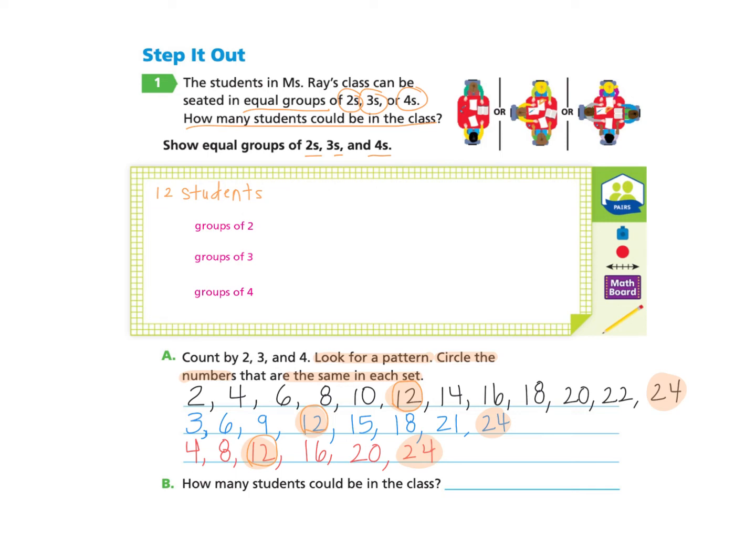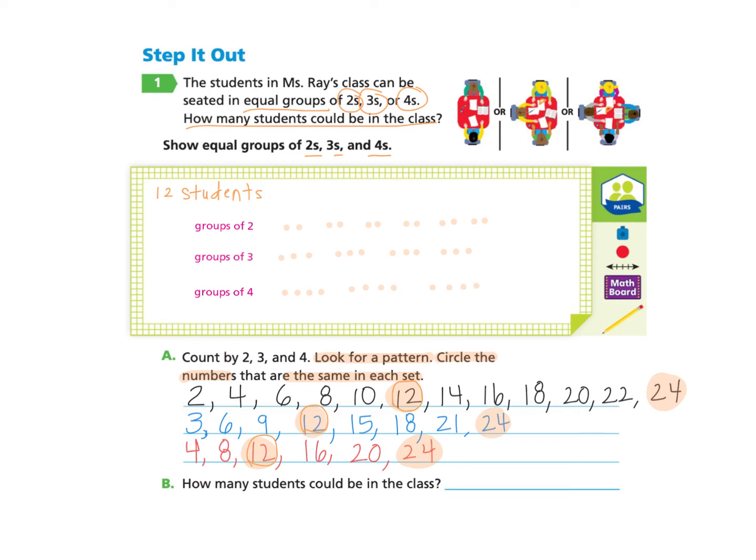So I will start with 2 and draw 12 students. 1, 2, 3, 4, 5, 6, 7, 8, 9, 10, 11, 12. And then I will go to the groups of 3 and draw 1, 2, 3, 4, 5, 6, 7, 8, 9, 10, 11, 12. And the groups of 4 and draw 12 students. 1, 2, 3, 4, 5, 6, 7, 8, 9, 10, 11, 12.